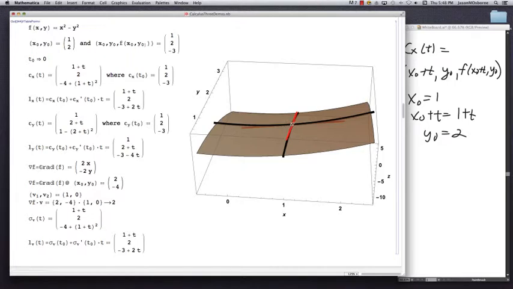That makes sure that you're getting your direction vector at this point. You then put t equal to 0 into the curve, which we know will give you (1, 2, -3), because that's what you're supposed to get for the point that it goes through.